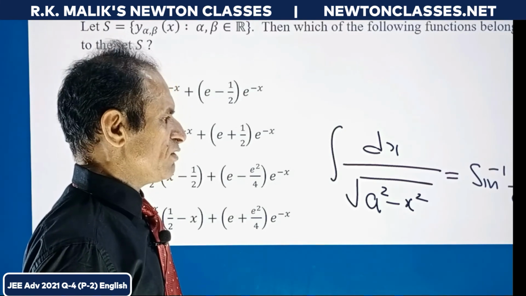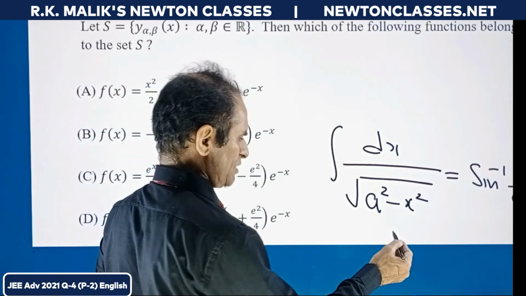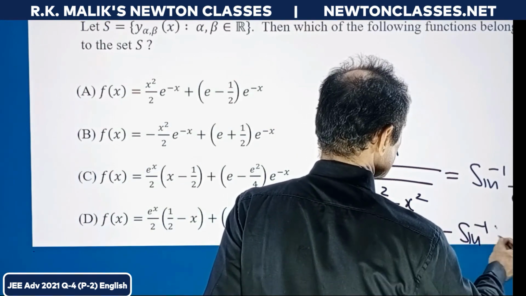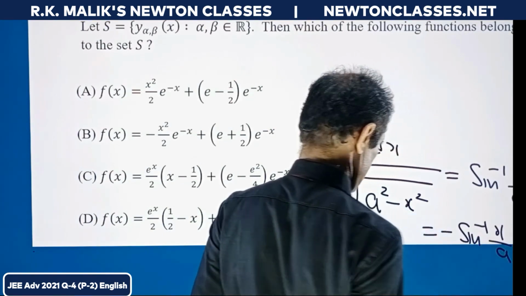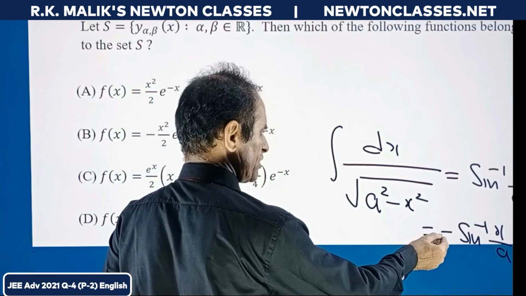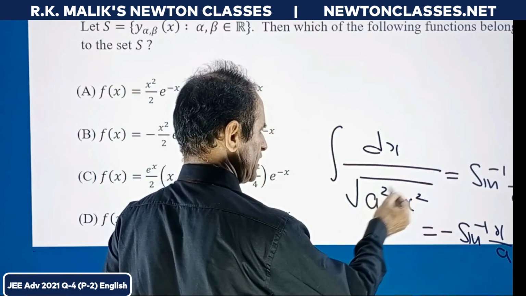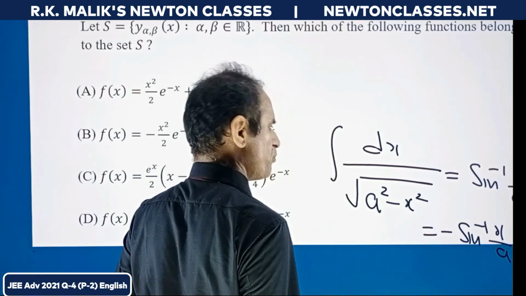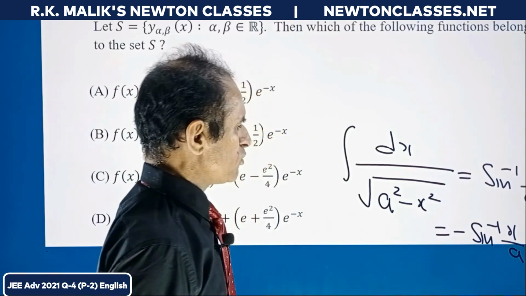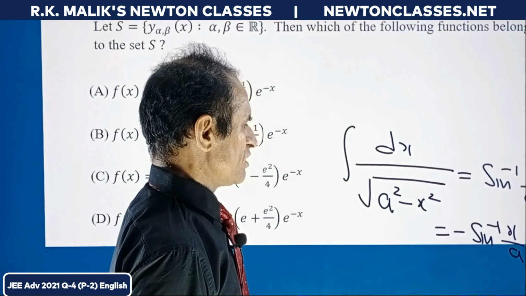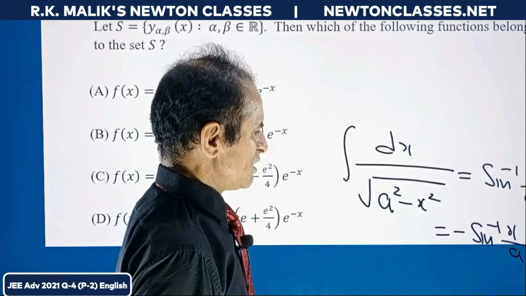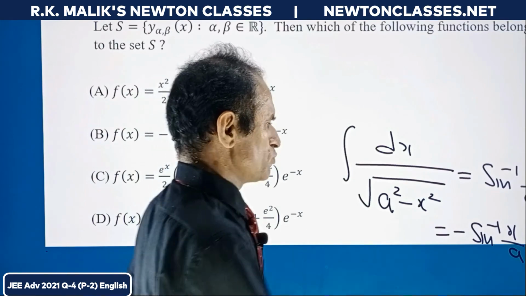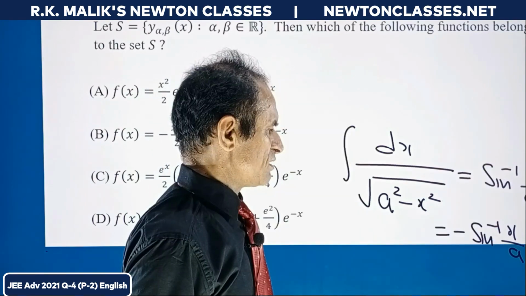For negative values of A, the integral is minus sine inverse x by A. This is the integral when A is negative. This is the integral when A is positive. For board level, these things don't create any problem, but for JEE Advanced at least, the examiner can easily make the question in which those students who use this formula get wrong answer.